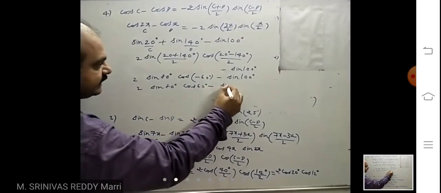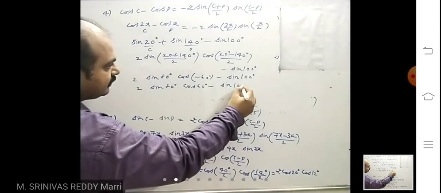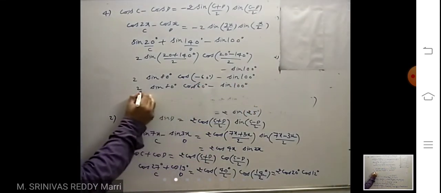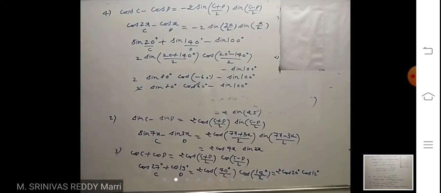Cos of minus theta is nothing but cos theta. Now this is 1 by 2, the 2 cancels. Cos 60 is what? This.